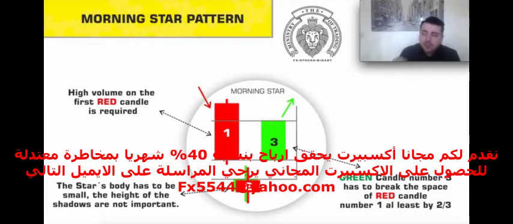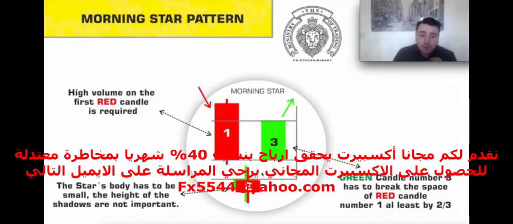So if you think about a star, you can think about the shooting star or the hammer, because these kinds of formations are star formations. So for instance, let's say that you would see here an inverted hammer or maybe a hammer, then it would be a good sign for you to take the trade, because of course you have the morning star pattern formation, and on top of that, the star is not just a star, but maybe another formation. So keep this in mind, because the shadow is not going to be a problem for you.